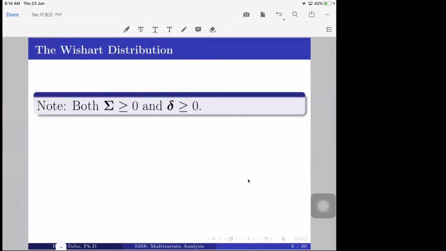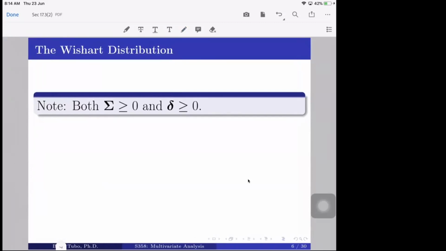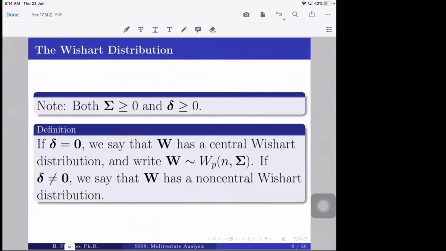Note that both your sigma and delta are non-negative definite matrices. Okay. So if your delta, the non-centrality parameter, is zero, then we say that W has a central Wishart distribution, and we only write this in this manner.